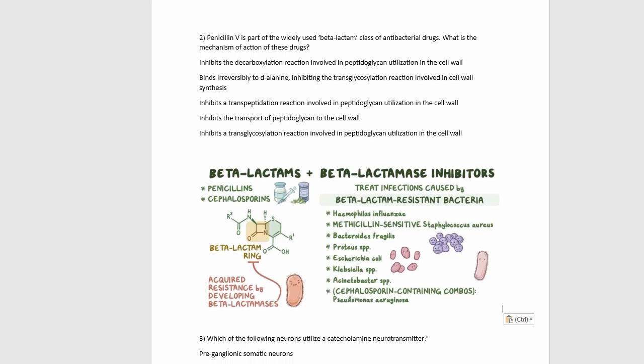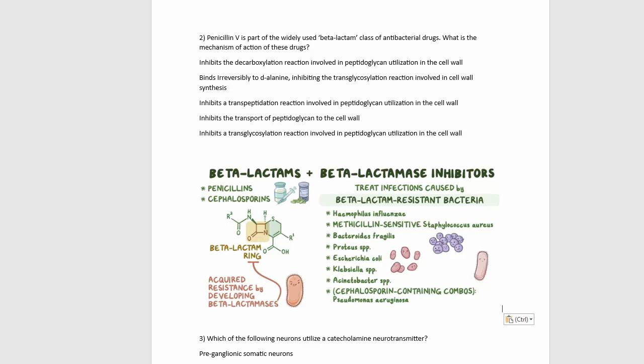Okay, so beta-lactam refers specifically to this four-membered lactam ring structure that contains the beta-lactam moiety. So the beta-lactam ring is characterized by a beta carbon atom linked to both a nitrogen, so this one here, which forms the lactam ring, and a carbonyl group. So that's this C here, double bonded to the oxygen.